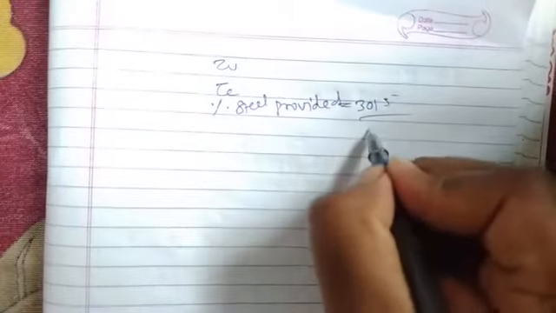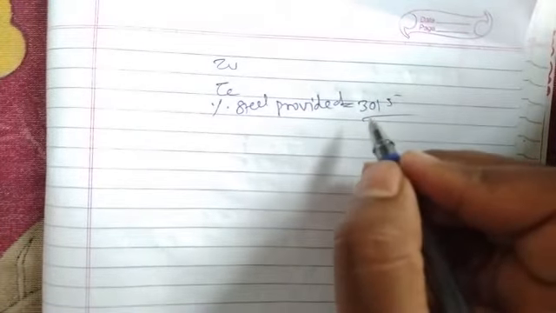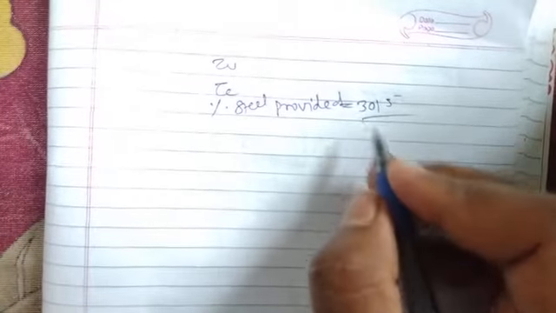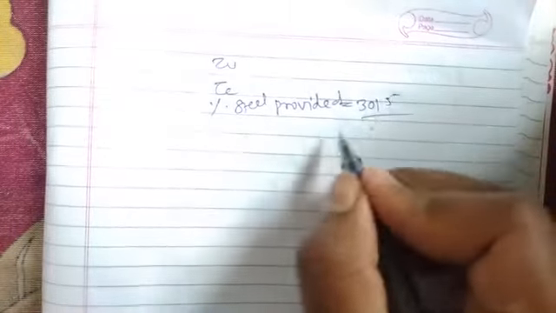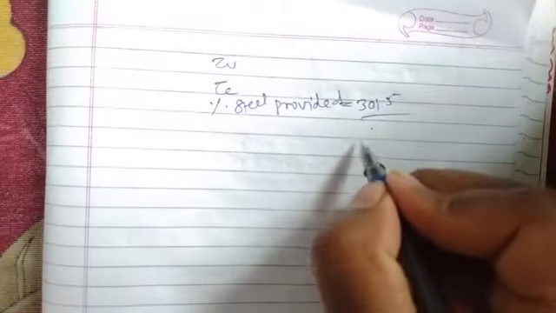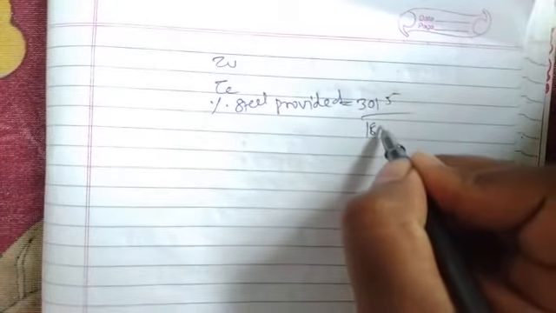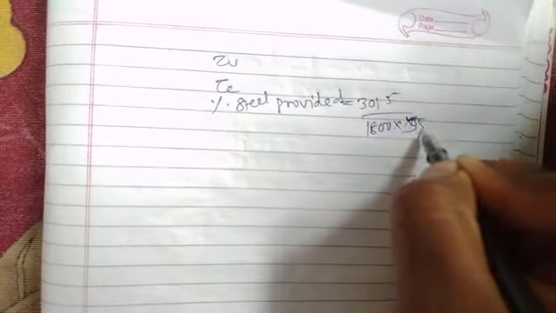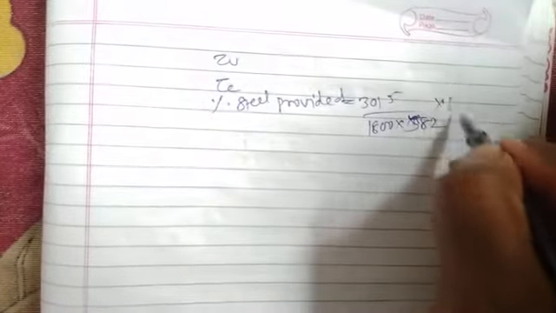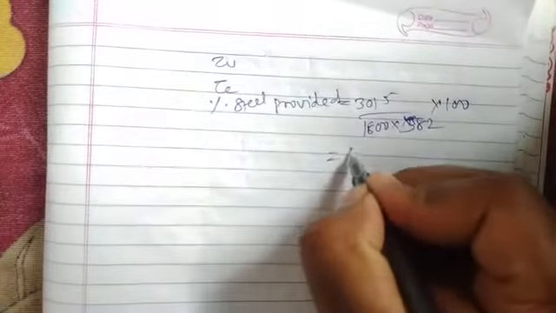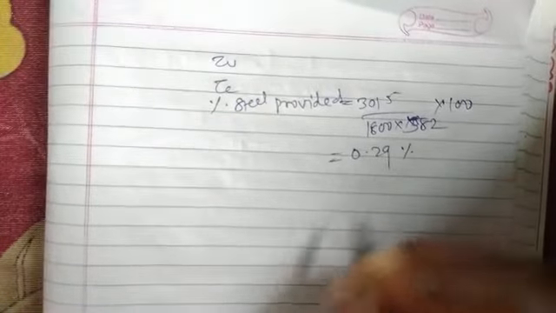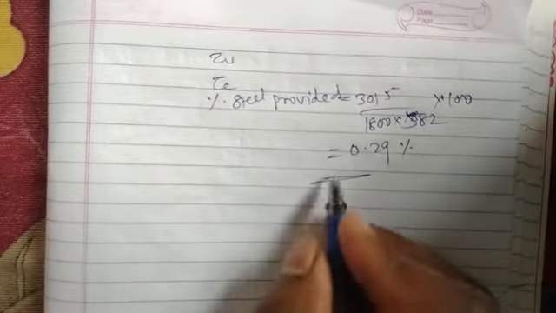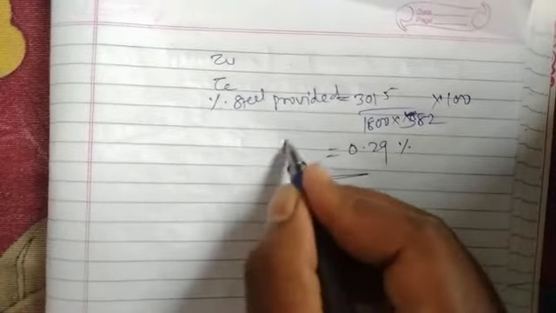Please correct me if I'm writing something wrong or taking some wrong values by mistake. So this is AST divided by area, that is 582 into 100 to make it a percentage. 0.29% will be the percentage of steel provided. So this is PT.